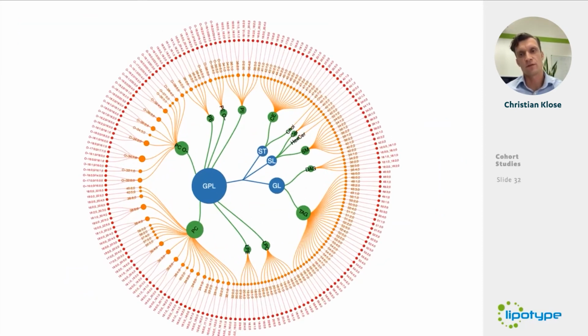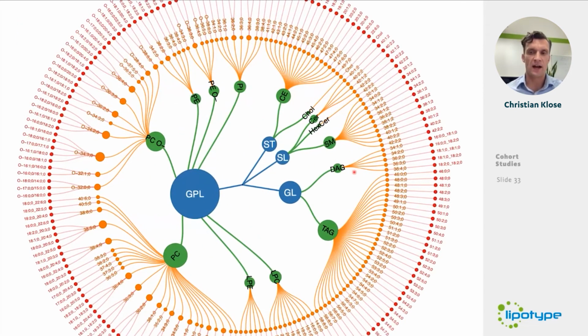So as many of you might know, the lipidome is hierarchical in nature. Each lipid molecule belongs to a lipid class. Let's say, for example, let's take sphingomyelin. So we have here a symbol like a single sphingomyelin molecule. It belongs to the class, of course, of sphingomyelin, and sphingomyelin in turn belongs to the lipid category of sphingolipids.